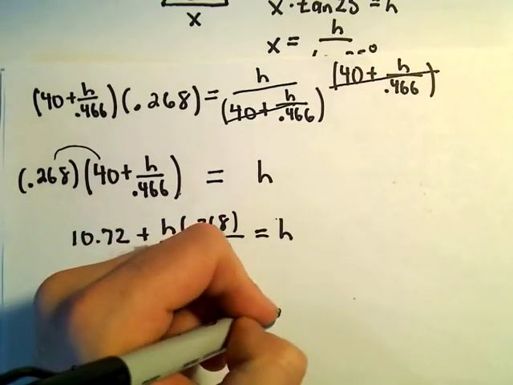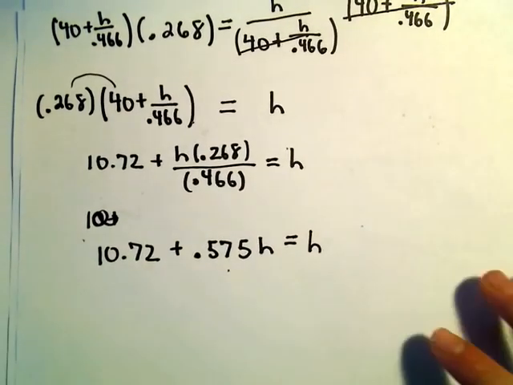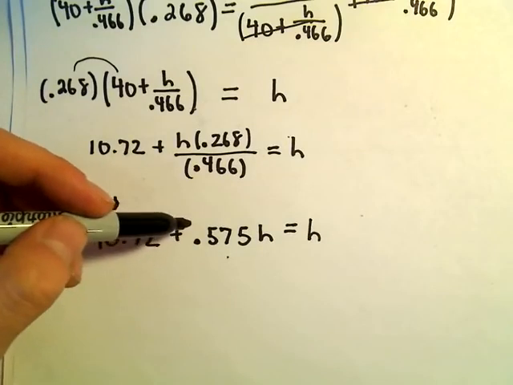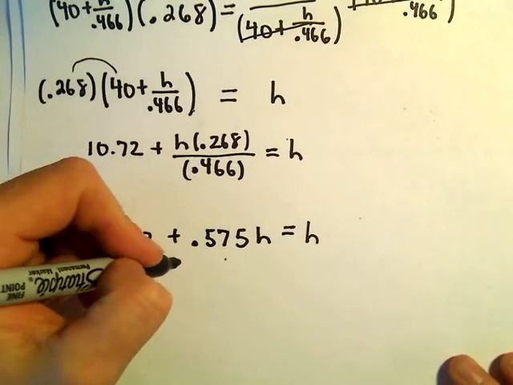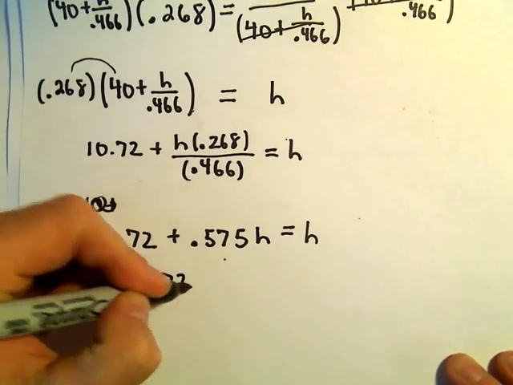So 10.72 plus 0.575 multiplied by h equals h. And now I've got a nice, recognizable linear equation. I'm just going to subtract 0.575h from both sides.